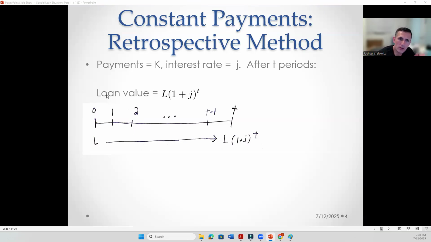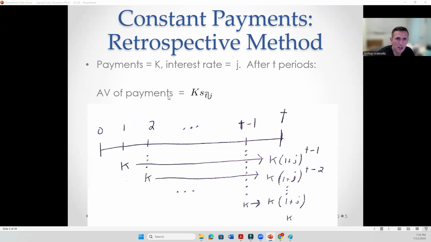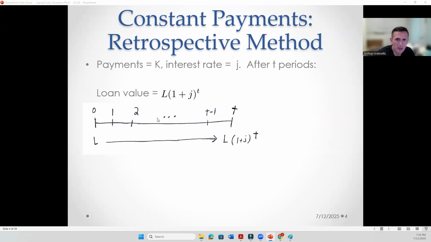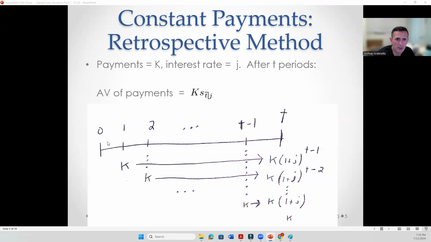We're going to look at what the loan amount grows to, and what the payments grow to. After T periods, the payments grow to all this here. Add this up, it's K s angle T at J, as we've done a million times before.